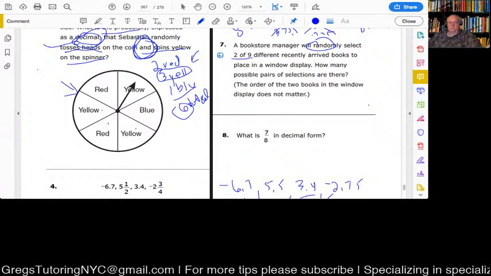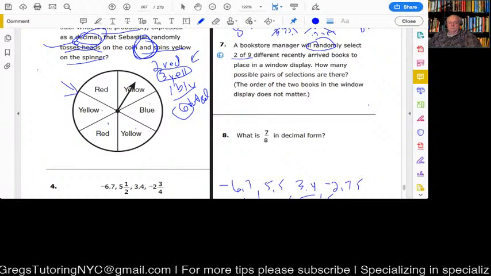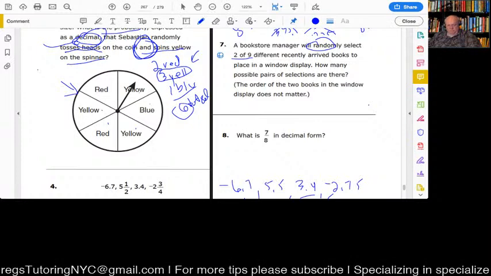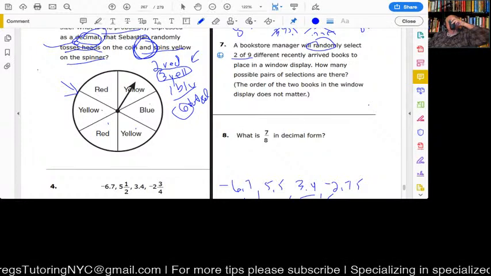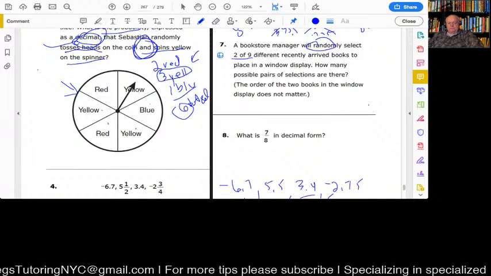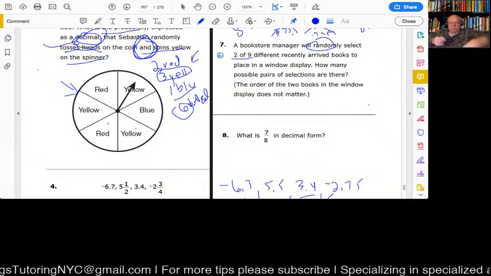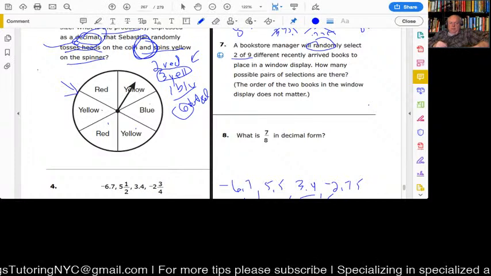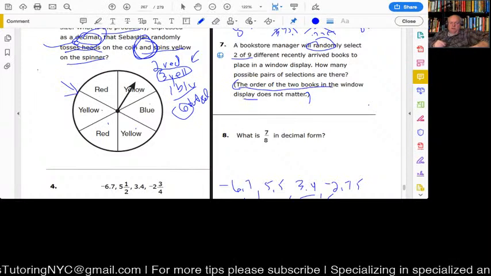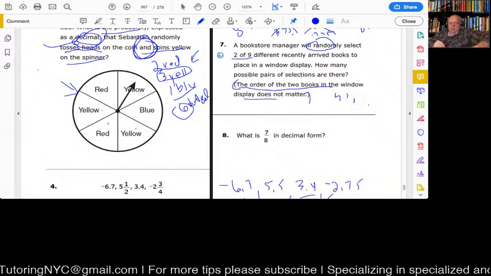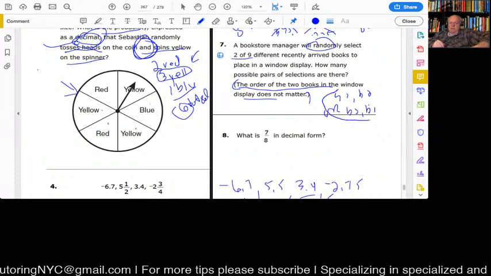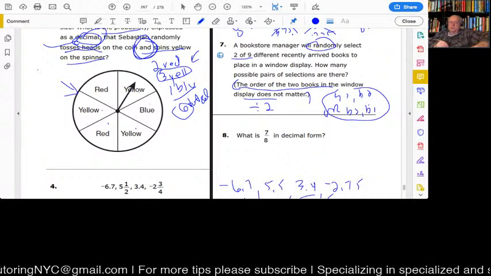And this is in parens, but it's important: the order of the 2 books doesn't matter. So it could be book 1, comma book 2, or book 2, comma book 1. In math, this means division by 2.